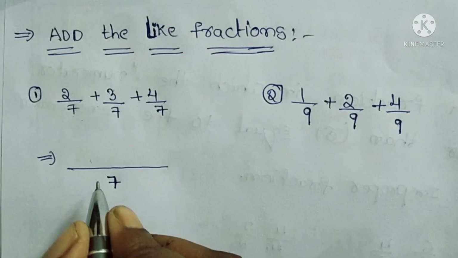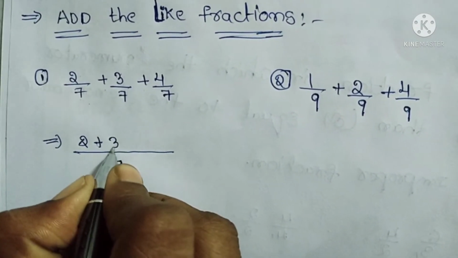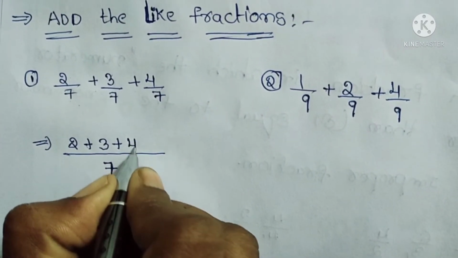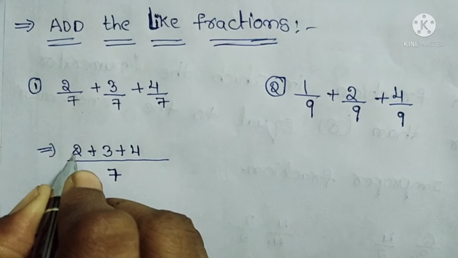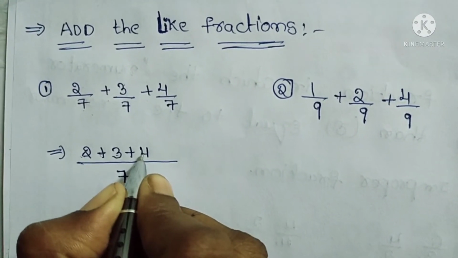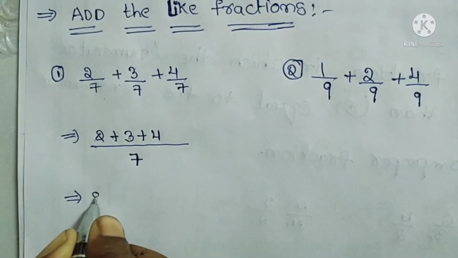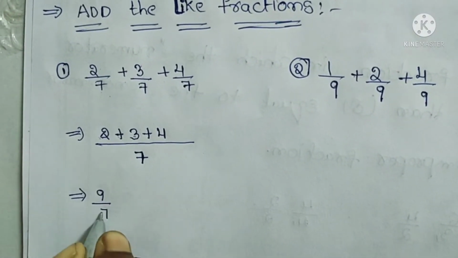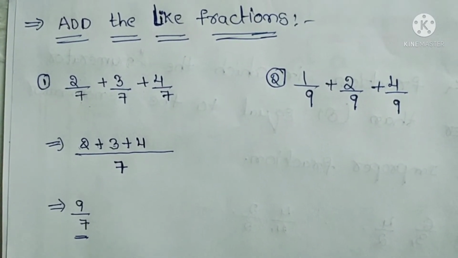The numerators are added: 2 plus 3 plus 4. 2 plus 3 is 5, 5 plus 4 is 9. That is 9 by 7.